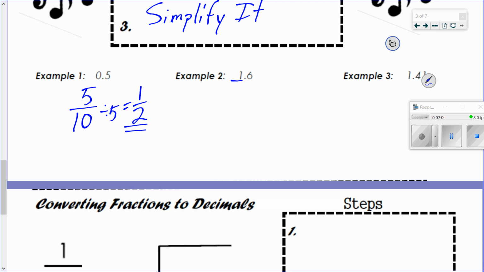So he said 1 and, now we write it, 6/10. Now we simplify it. What do I divide by? 2. It's 2, can't divide by 3, 10 doesn't divide by 3. That gives me 3/5. Now that I have the fraction piece, guys, all I need to do is put that whole number piece back in front of it.